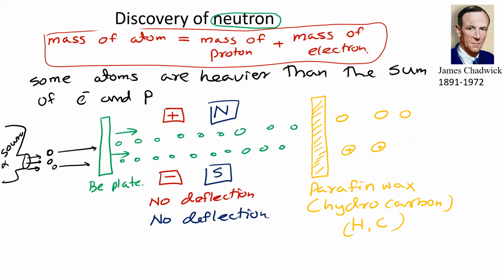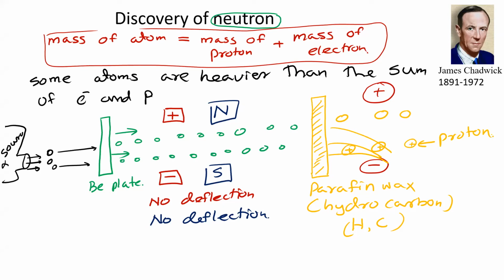How did he know they are positive charges? They did their favorite experiment. They put a charged plate like this, and they saw the deflection. So the particles emitted from the paraffin wax deflect towards the negative charge plate. So they came up with that idea. They called this positive charge the proton.